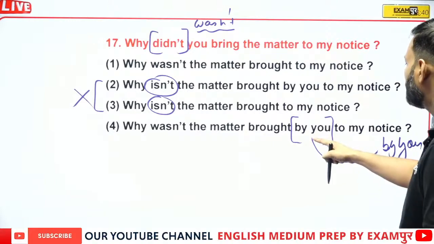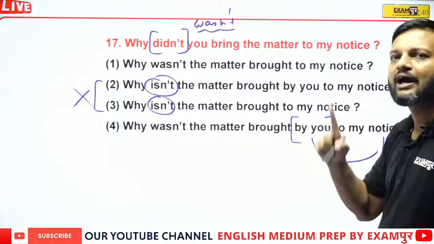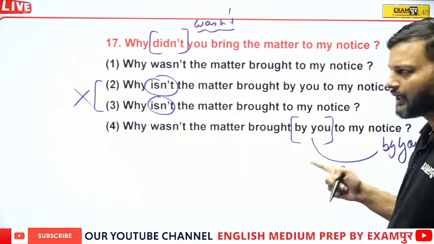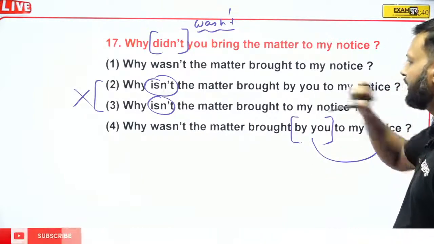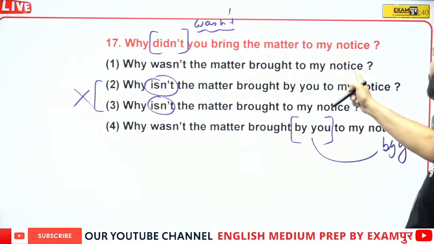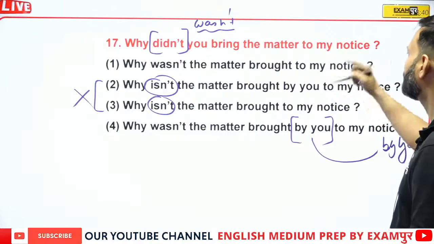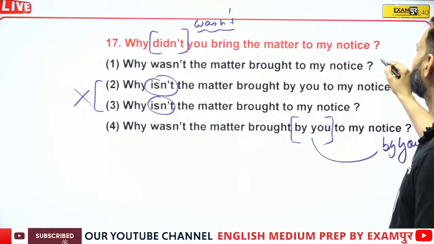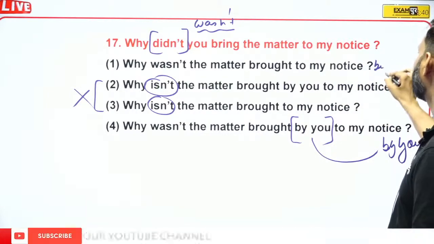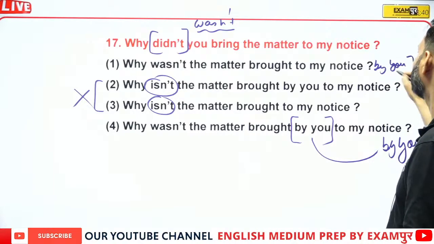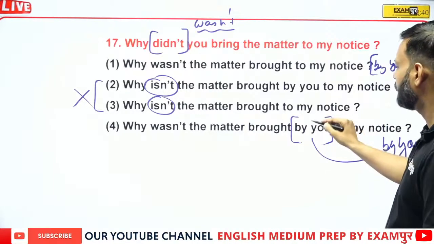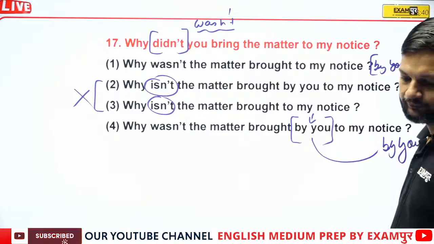If by you were at the end, it could have been the right answer. If you want to add the object, add it at the end. This would have been the correct one, but the position of by you is wrong.